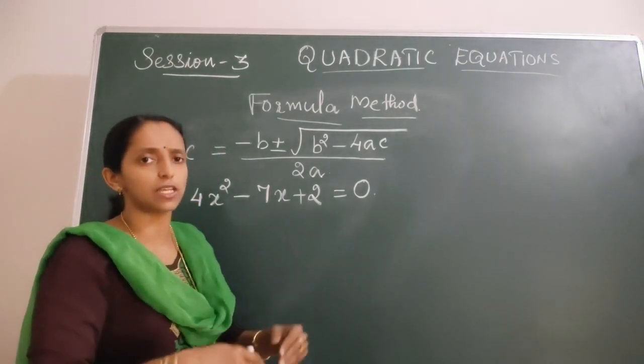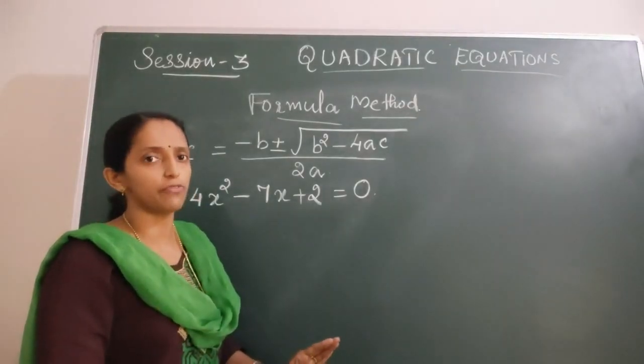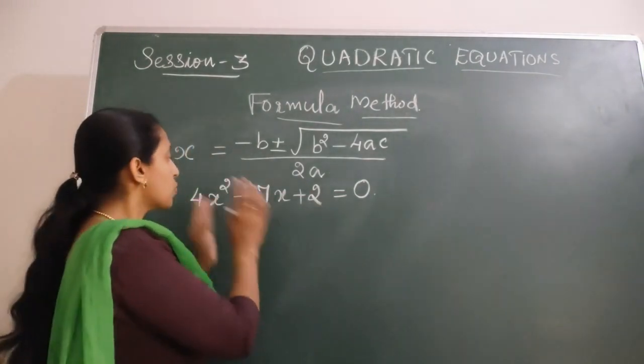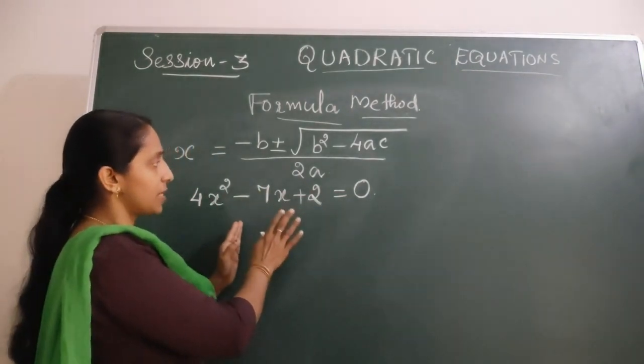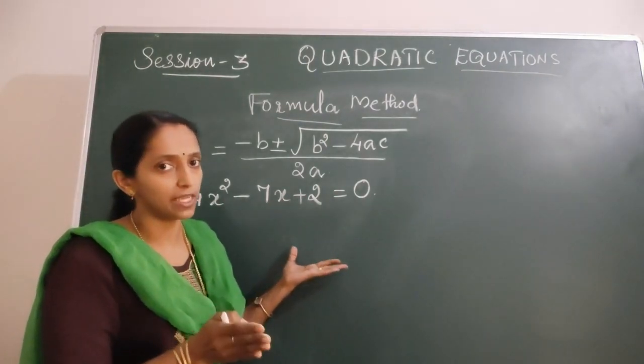If any fractional terms or brackets are there, you will simplify them and make it into the standard form of the quadratic equation. After making it in the standard form, we will take out the values of a, b, c.